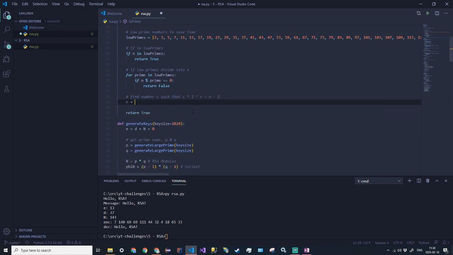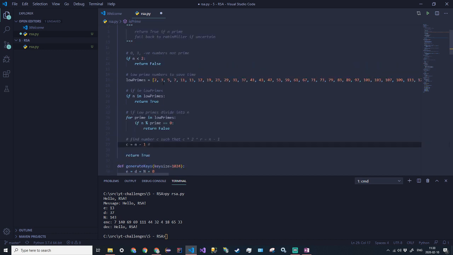We'll start C as n minus 1, and because we know n is not divisible by 2, we know C is even.